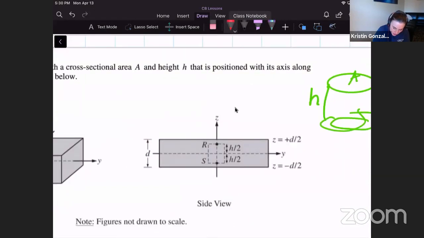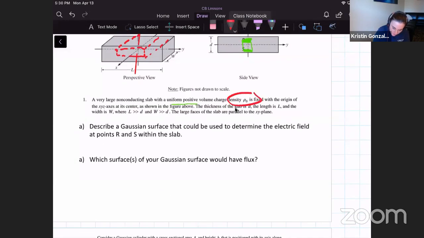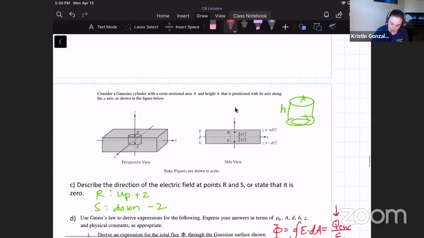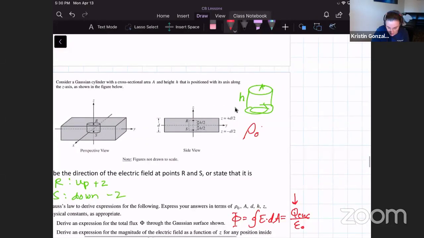So if this is a cylinder, we know that the slab has a uniform charge density rho, right? Volume charge density. So what does that mean? Well, volume charge density means rho naught, which is equal to Q over the volume. Now they don't give us the volume of the cylinder, but they do give us that the cylinder has an area A and a height of H. So what is the H?